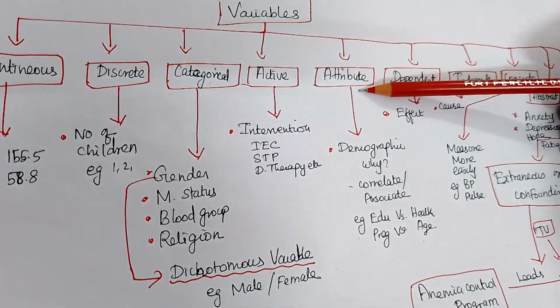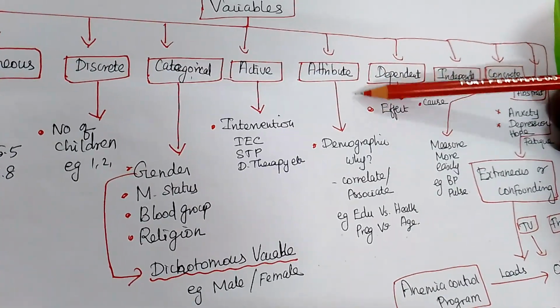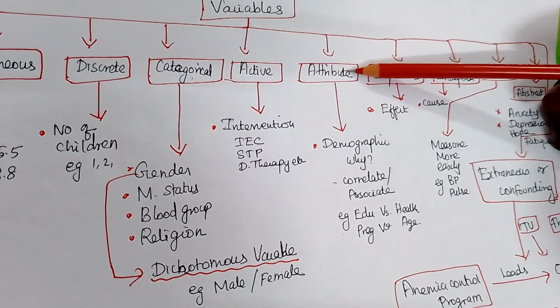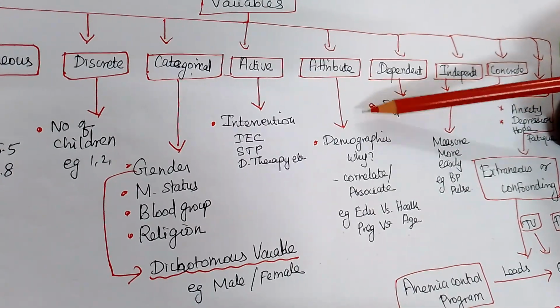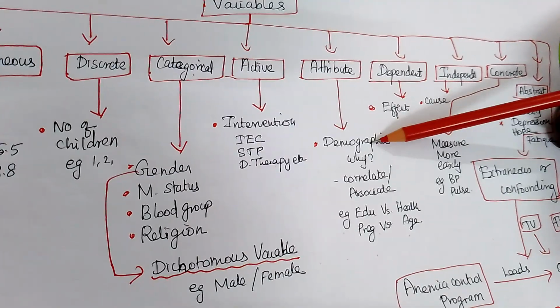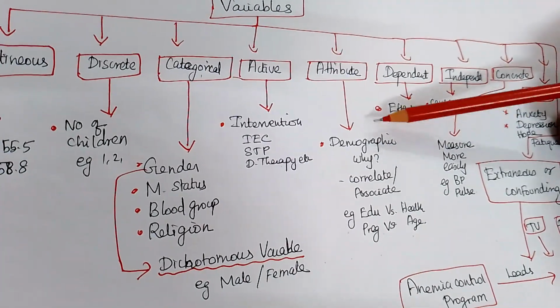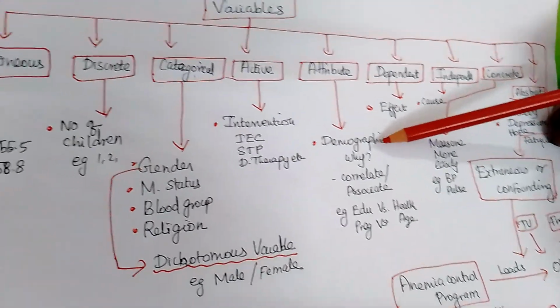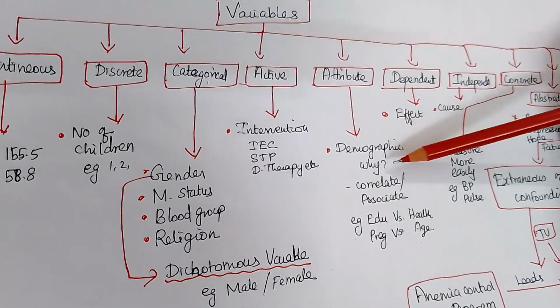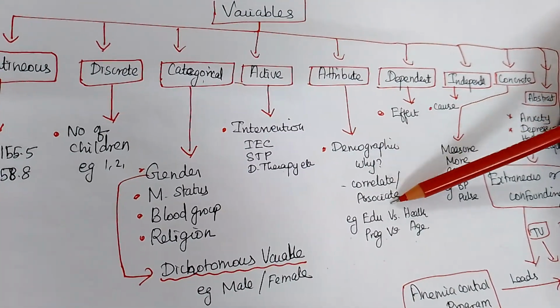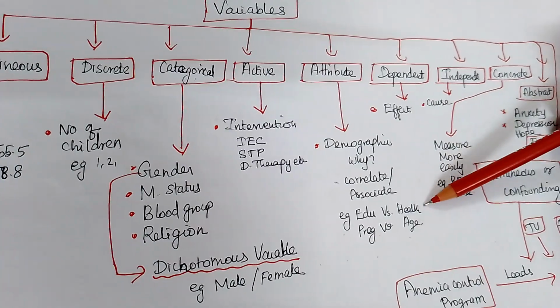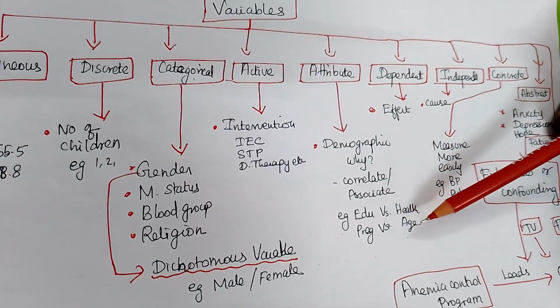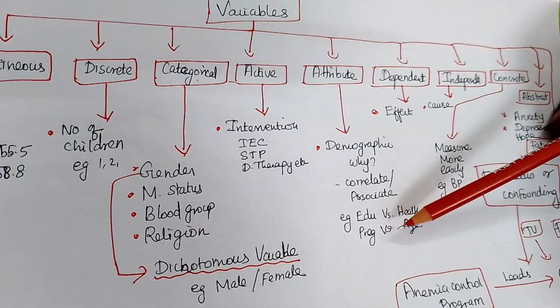What are attributes? Attribute variables are some of the characteristics, like demographic variables. For example, education is my attribute, education versus health. Or pregnancy versus age increase, or the pregnancy's possibilities.